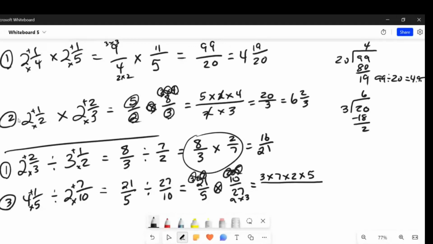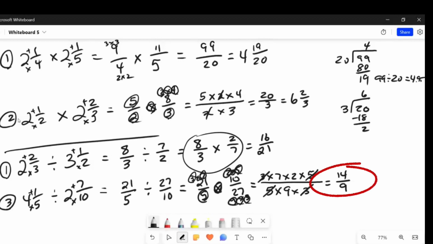Why multiply 21 times 10 and then 5 times 27 and then turn around and reduce out the common factor? Let's do it ahead of time. On the bottom, I have 5 times 9 times 3. So I can cross out the common factor of 5, the common factor of 3. On the top, I get 7 times 2 is 14 over 9.